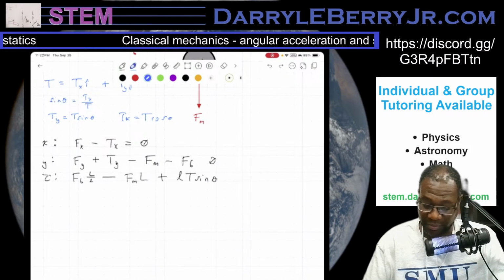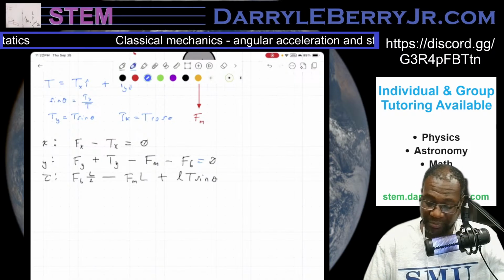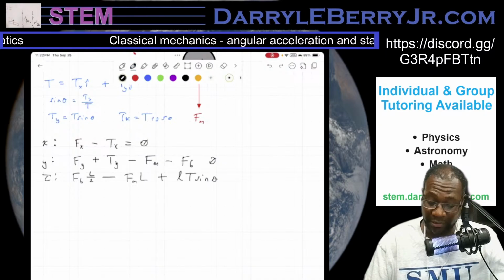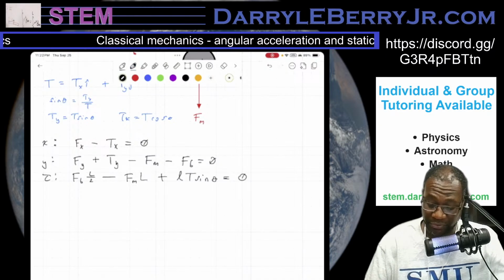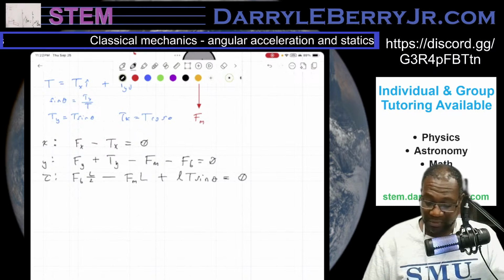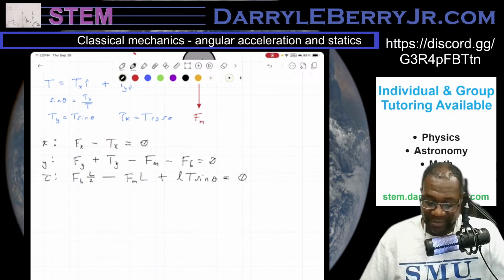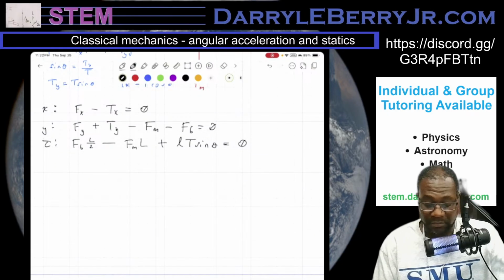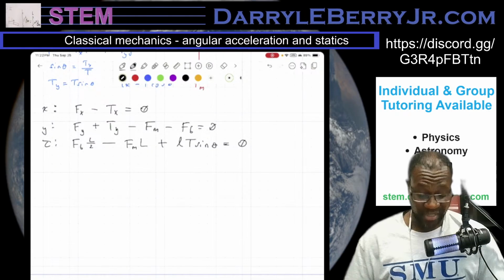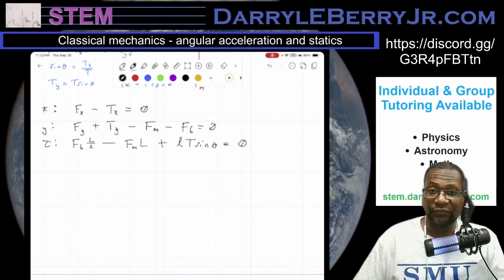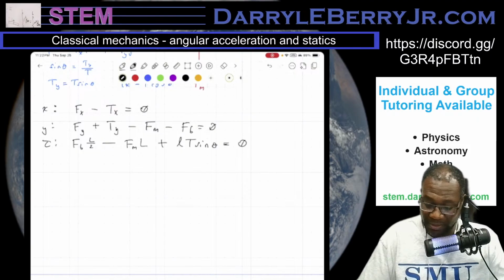And I believe I do. Oh, and it's going to equal 0 because it's static, the thing is not moving. So all of these forces, when they add and subtract with and against each other, are going to balance out. So that's something good to remember: X, Y, and torque for these static type problems.